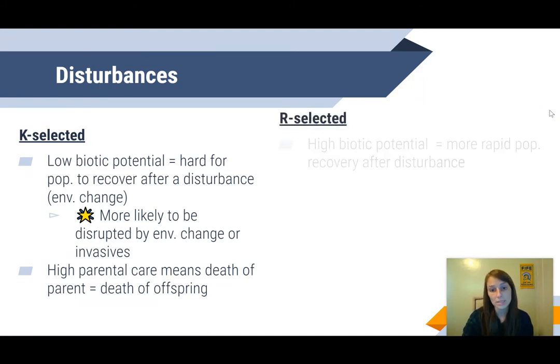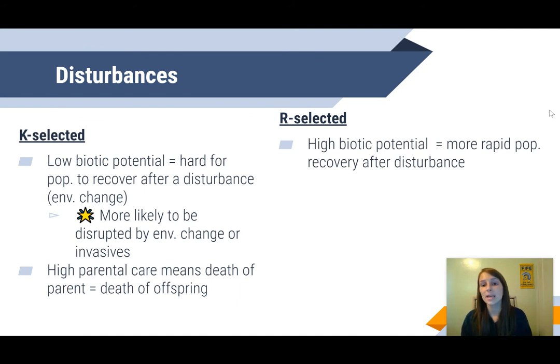When we look at R-selected species, though, because they have high biotic potential, there's more rapid population recovery after disturbance. Let's say a disease comes in and wipes out half of your plants. Well, the other half can still have thousands of offspring, so they're going to do just fine.